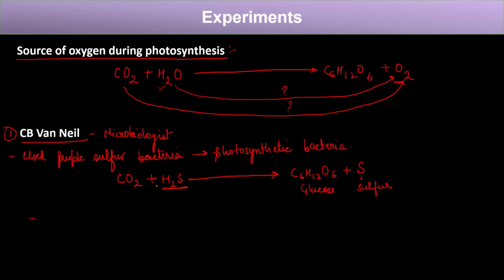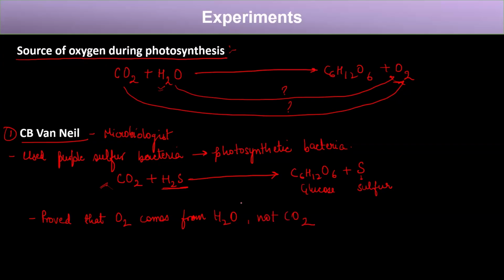Because if it would not have been coming from the water molecule, in this purple sulfur bacteria also, oxygen would have been formed as a byproduct, right? So this experiment proved that oxygen comes from H2O or water, not carbon dioxide.